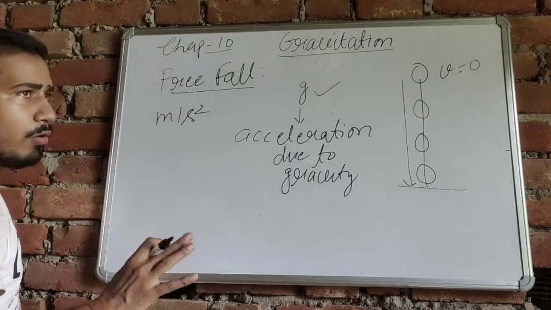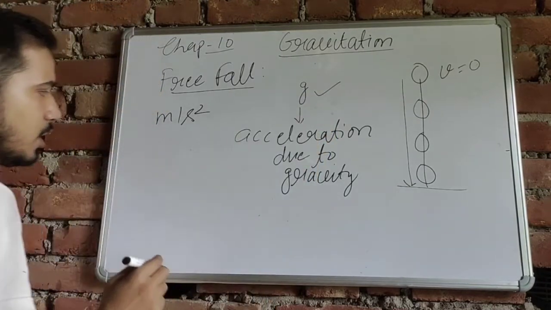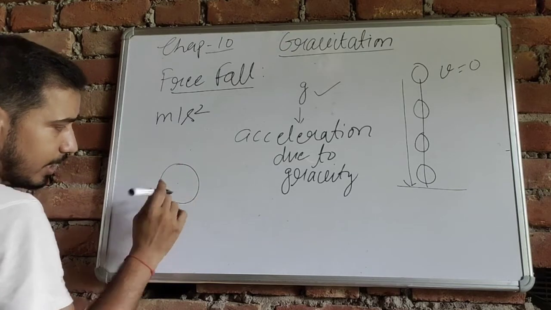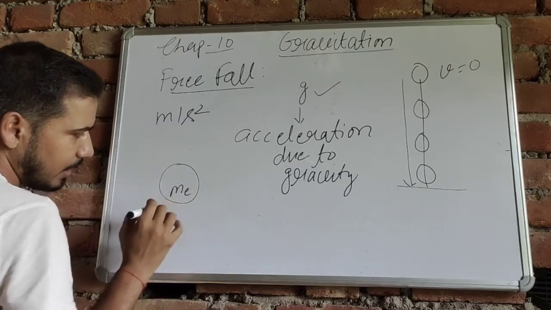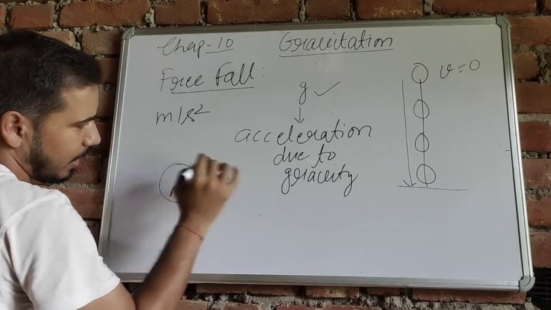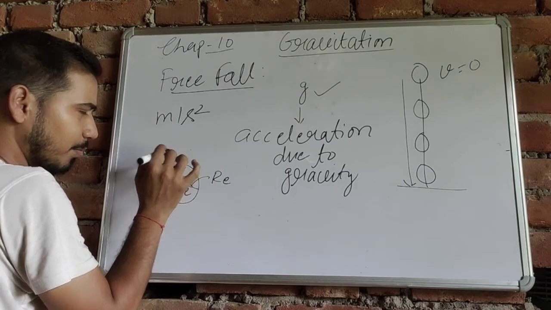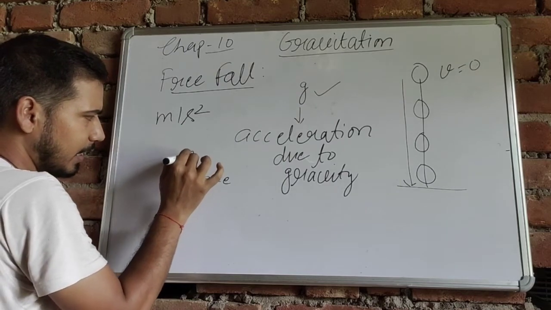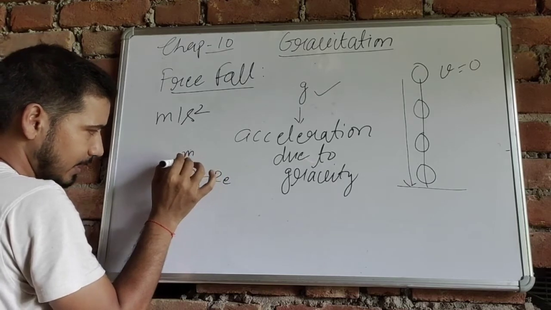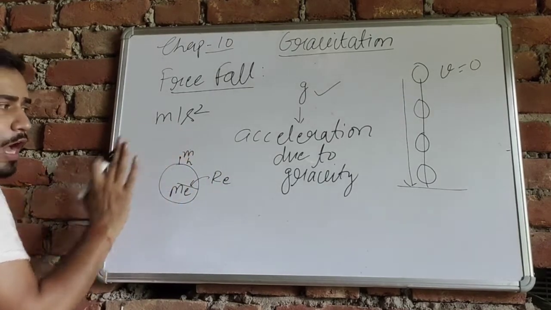Now let's get the relation between small g and capital G. Suppose this is the earth, having mass Me and radius Re. Suppose at a certain height, any other object of mass m is at a height h above the surface of the earth.